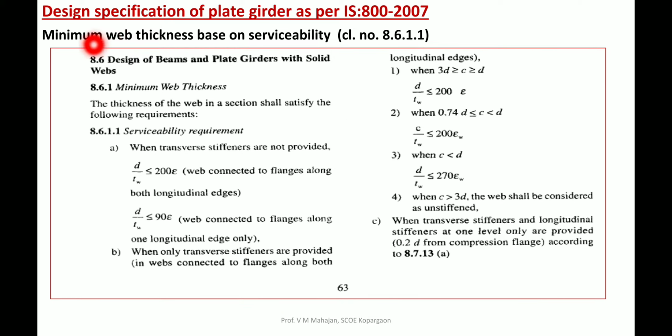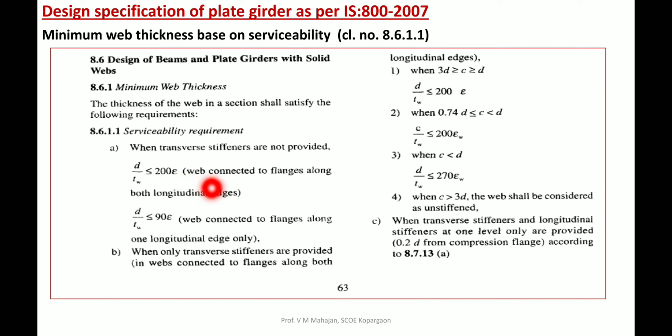Coming to the next point, we are going to find the minimum web thickness based on the serviceability criteria as per clause 8.6.1.1. The thickness of the web in a section shall satisfy the following requirements. When transverse stiffeners are not provided, D by Tw is less than or equal to 200 times epsilon, where epsilon is the yield stress ratio.